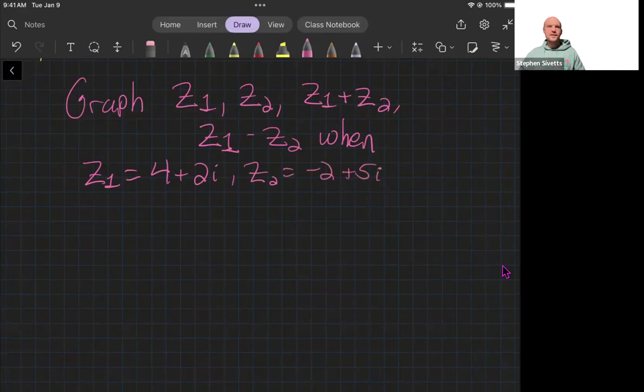So I want you to draw these vectors out on graph paper or what have you. And then come back and see if you have the right answers.